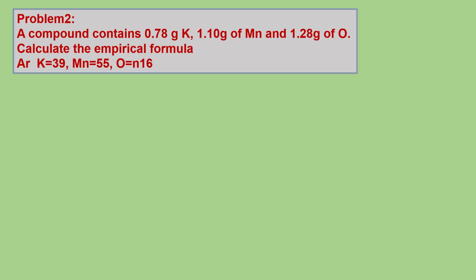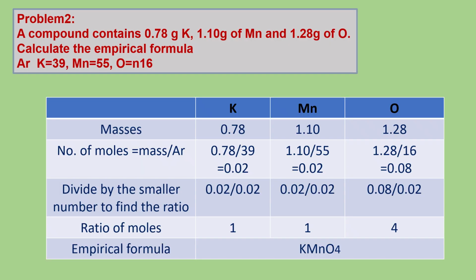How do you solve this problem? Again, you make a table and you start with the masses. You put the masses of potassium, manganese, and oxygen, which are given to you in the example. Then you find the number of moles. The number of moles is the mass divided by the relative atomic mass.